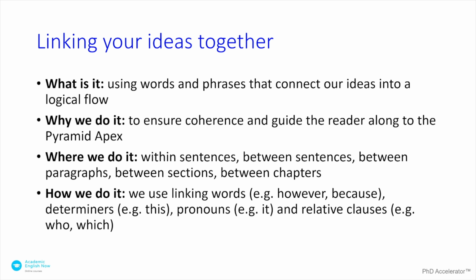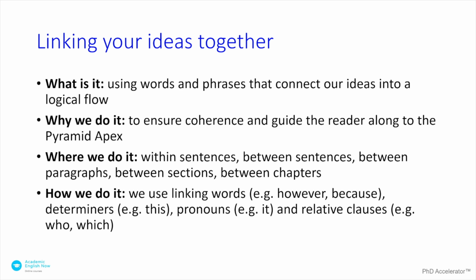You can also use determiners. Determiners are words like this or that or these or those, which basically substitute another word that you've used before, or are used to point to which specific approach or word we're talking about, like this approach, or these factors, like the ones that I've mentioned before. You can use pronouns.